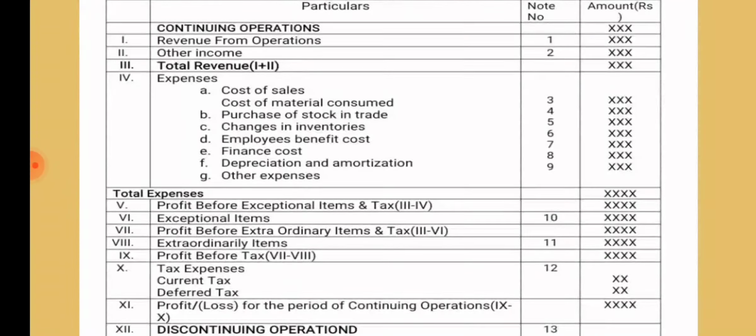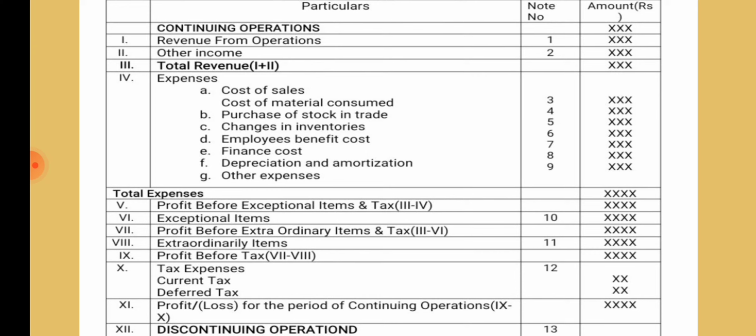In that, note number 1 is revenue from operations. In revenue from operations, we take total sales minus sales returns. Whatever total sales are earned by the firm, from that we deduct sales returns. Whatever balance remains is called revenue from operations.